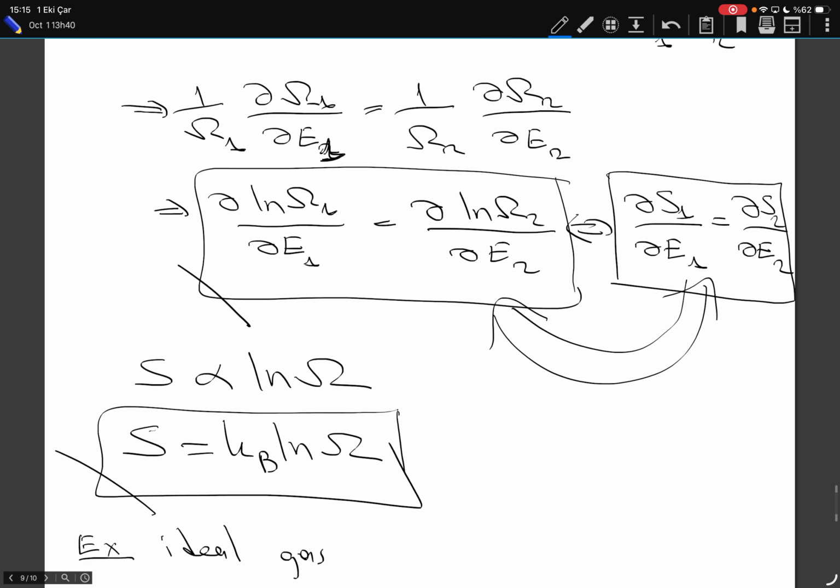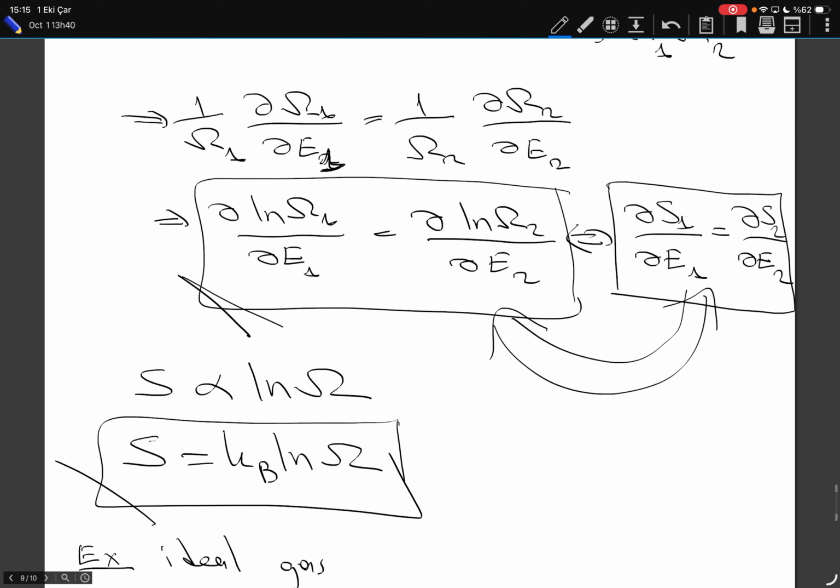Although I can also satisfy this equality with entropy equal to the logarithm of omega plus some constant, if I take that constant to be 0, I already have the third law of thermodynamics: entropy at T equal to 0 is 0. More precisely, the third law says the entropy of every system is equal to each other at T equal to 0. That constant can be chosen as 0.